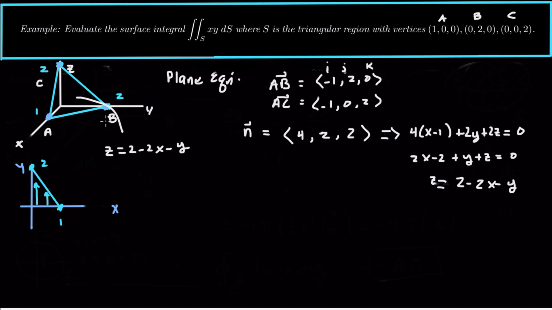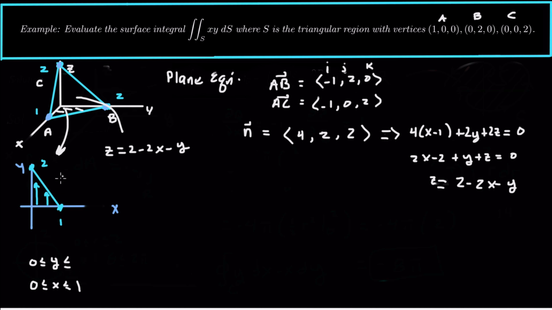Now, for what values of x and y am I on the surface? Well, those are the values that are down here. So these values for x and y can be seen as anything coming from inside this triangle. And if I describe this triangle with a type 1 region, I'll have x going from 0 to 1, and y going from 0 to this straight line.